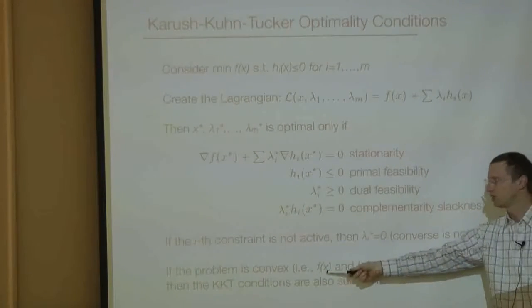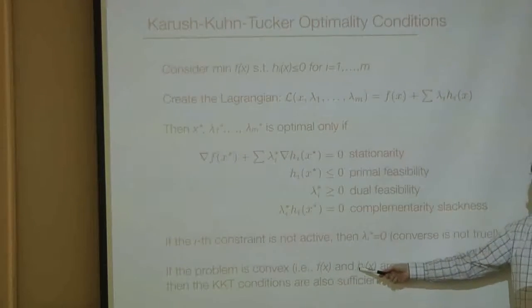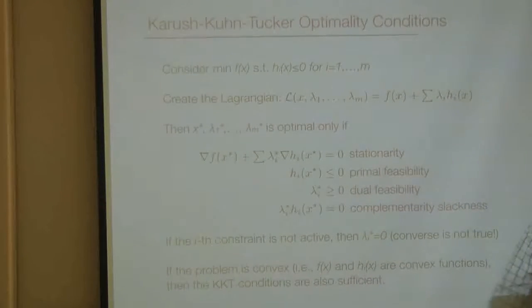First, the objective function is a convex function. And second, each constraint that we use here is also a convex function. Under such condition, we are talking about the convex optimization problem. Then these conditions are also sufficient, meaning if we find a point which satisfies Karush-Kuhn-Tucker conditions, then the point is guaranteed to be the optimal solution.